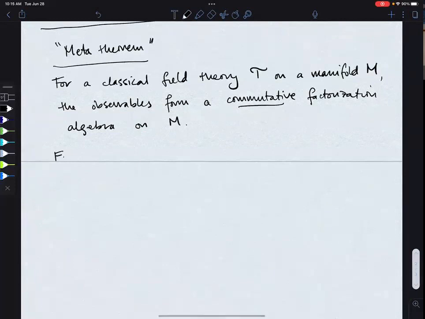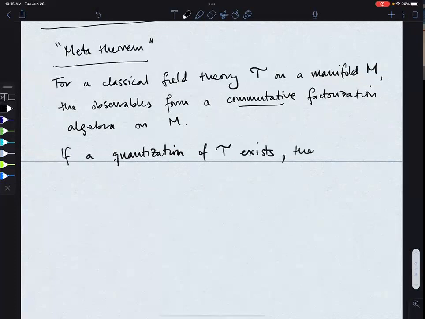And for a quantization of this field theory, if a quantization of T exists, then its quantum observables form a plain, non-commutative, I mean, factorization algebra on M.